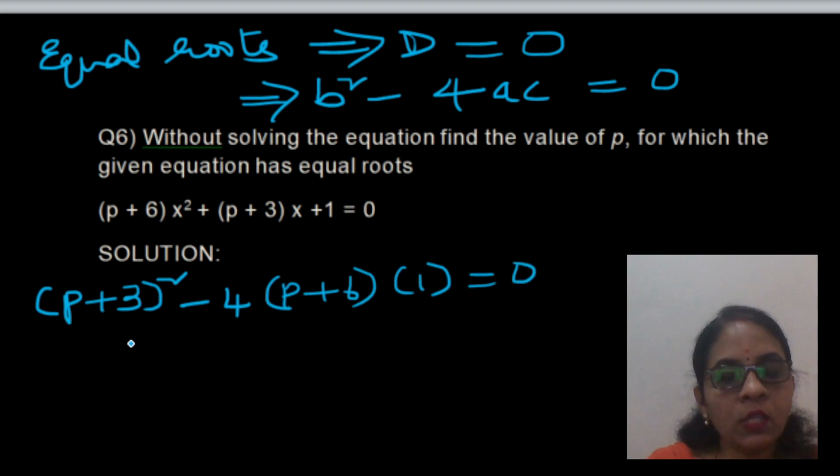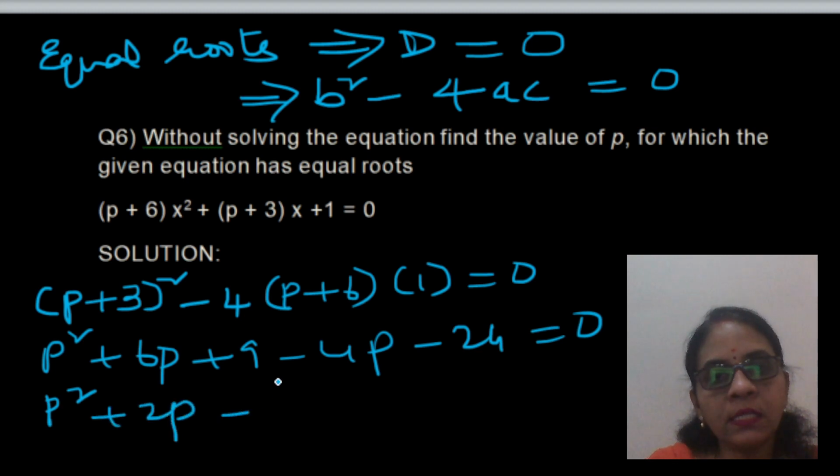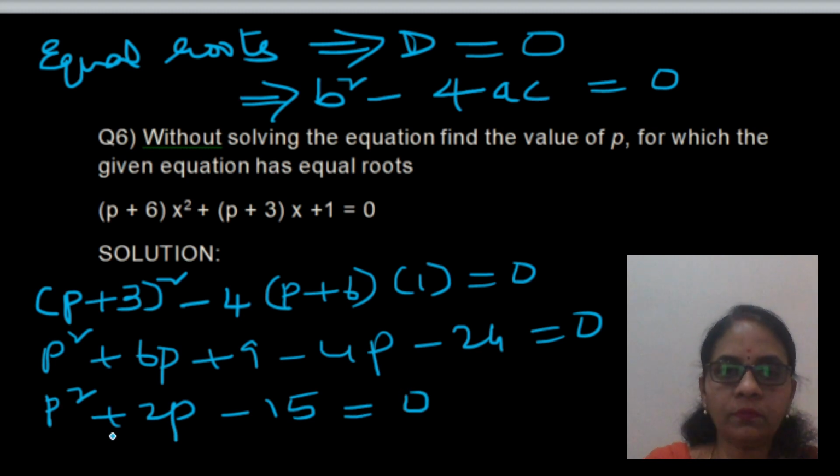If you expand it, it is p square plus 6p plus 9 minus 4p minus 24 is equal to 0. If you simplify it, it is p square plus 2p minus 15 is equal to 0.